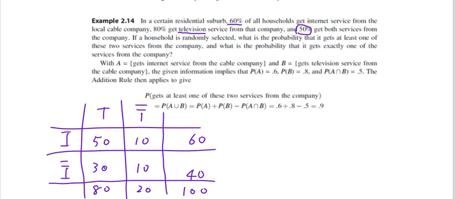So what is the A? What is the problem? What is the question? Get at least one of those services. So this means P, get television service or internet service. So this just equals this plus this plus this, right?